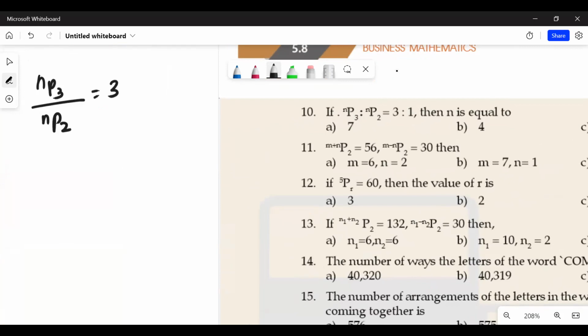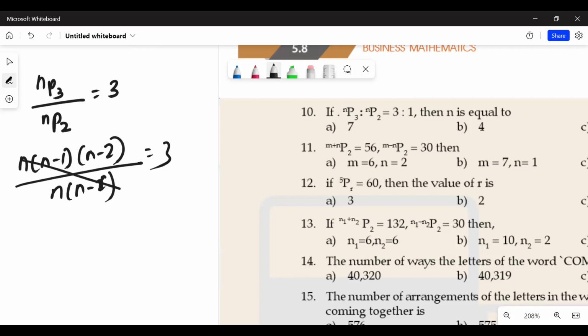Use options. nP3 would be n into n minus 1 into n minus 2. nP2 would be n into n minus 1. This gets cancelled. n is equal to 5.